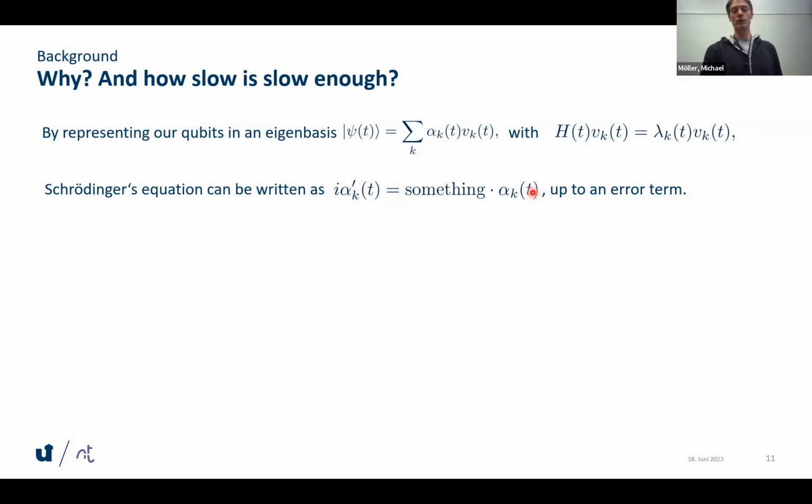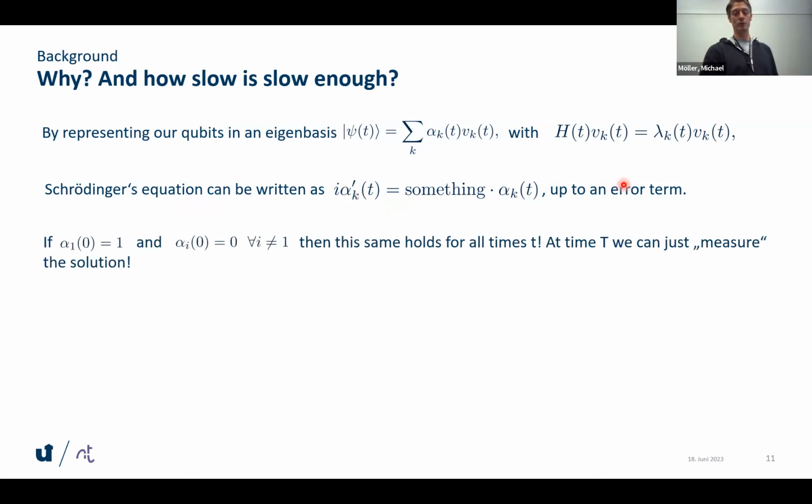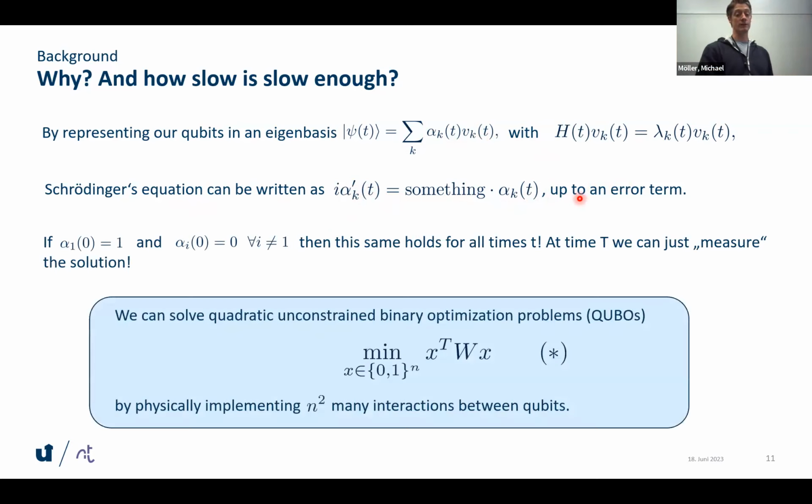This is only true approximately, namely up to some error term. But if we ignore this error term for a second, then here really the solution would be, well, if I initialize with the state of lowest energy, then this equation immediately tells me I won't ever leave it. So we can measure the solution of a QUBO with quantum computing.